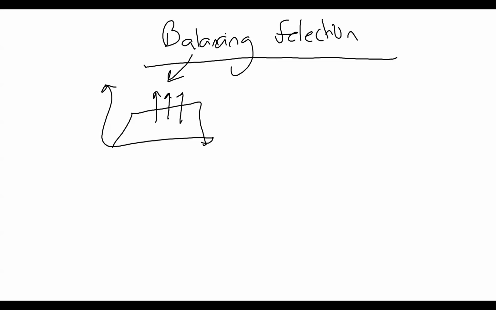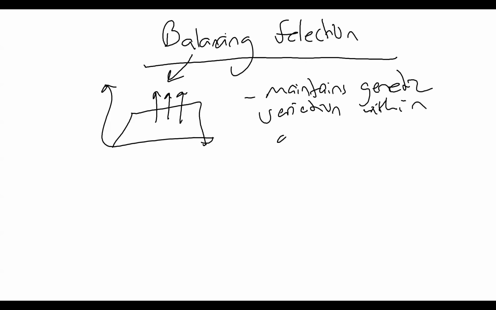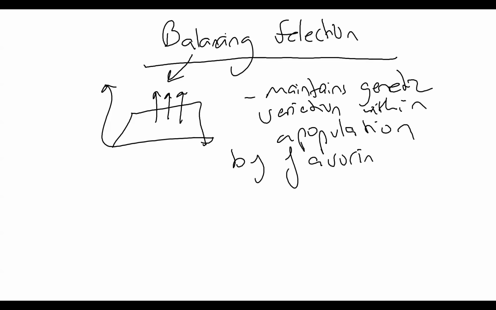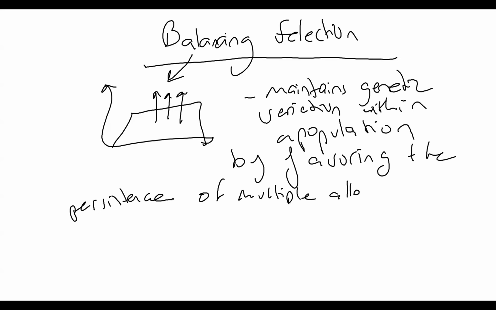That's a kind of selection that maintains genetic variation within a population by favoring the persistence of multiple alleles at a given locus.